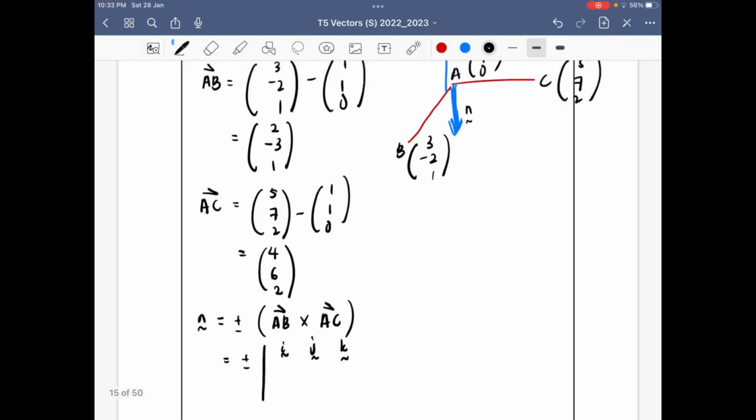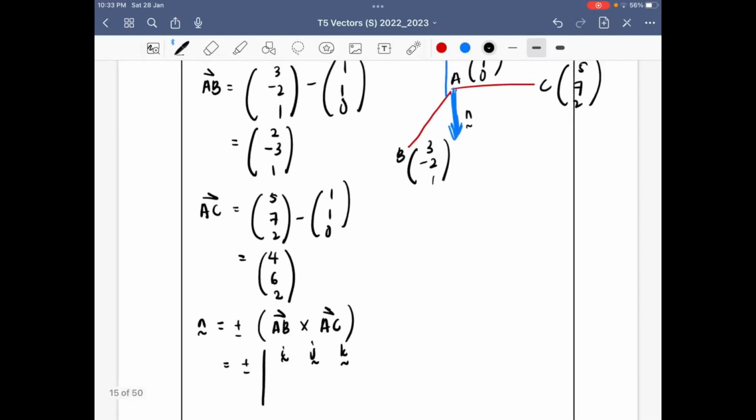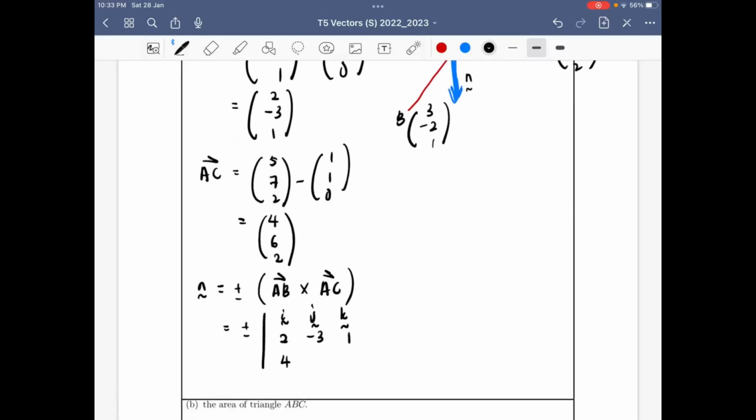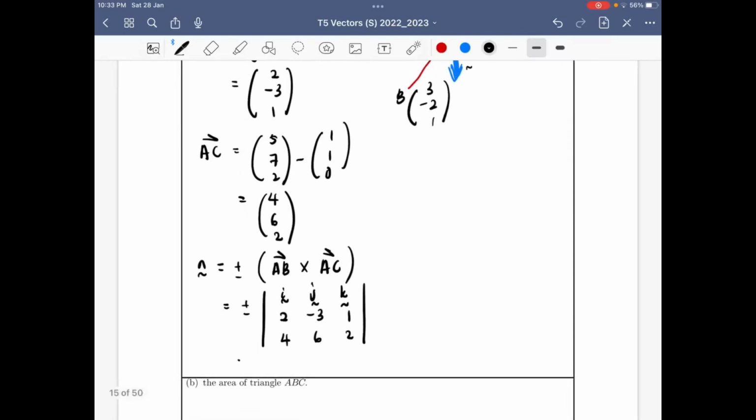i, j, and then k. AB we should write first: 2, negative 3, and 1. Then 4, 6, 2. Now what's the value for everything? Plus minus. If you close the i part, you get negative 6 minus 6, which is negative 12i.